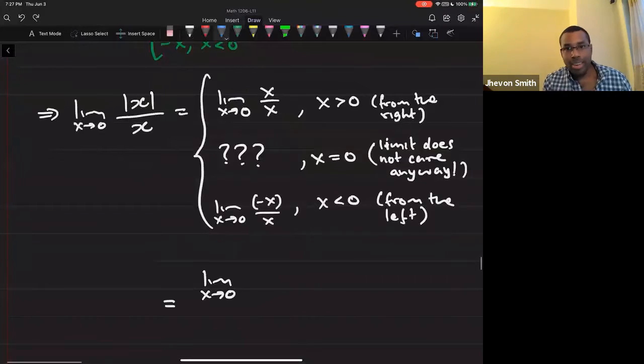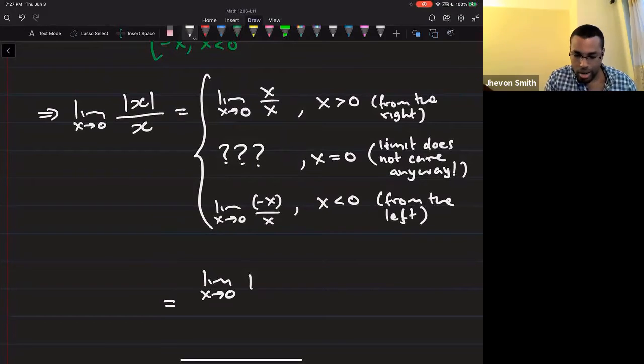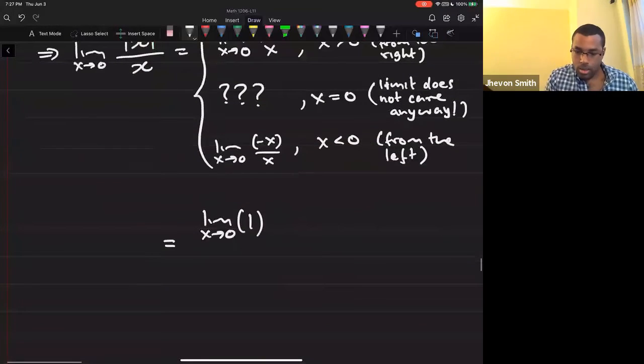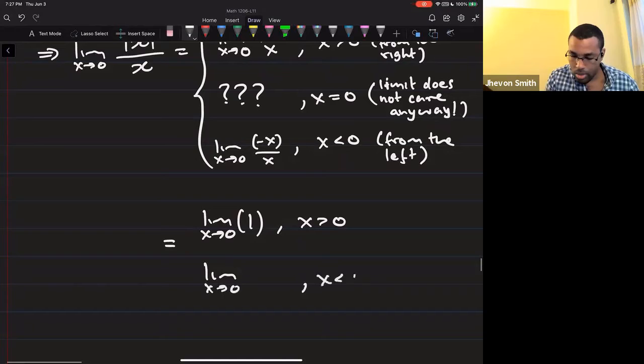So try to plug in, can't plug in, divide by 0. Can I simplify? Sure. x over x cancels, right? That cancels into 1. And what about if it's less than 0? Well, it cancels into -1.